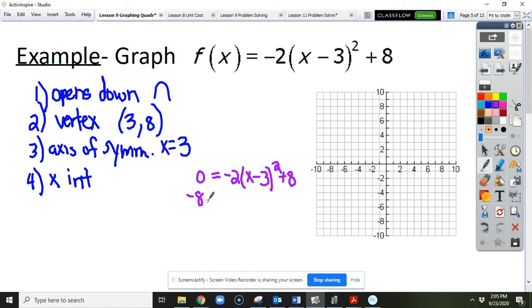So I'm going to subtract over my 8. I'm going to divide by negative 2. I get 4 equals x minus 3 squared. And then I square root. I remember that when I square root, I need the positive and the negative option.